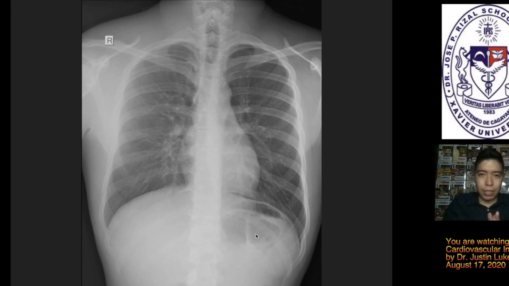We want to make sure that it's adequate so that the structures will not appear enlarged, especially when the film is taken in suboptimal inspiration. You'll see crowding of the lung markings, and they will appear prominent and engorged, and we might mistake it for congestion.